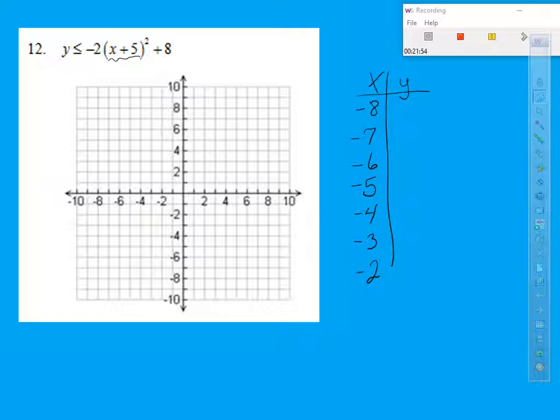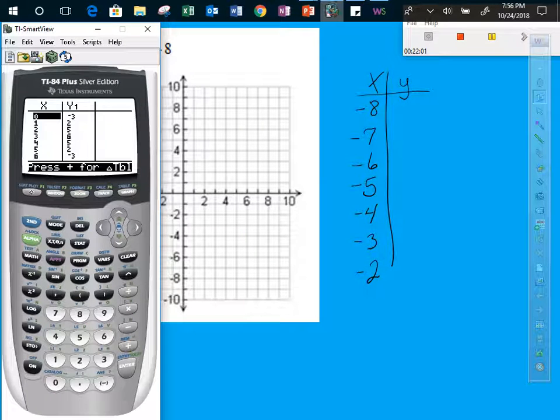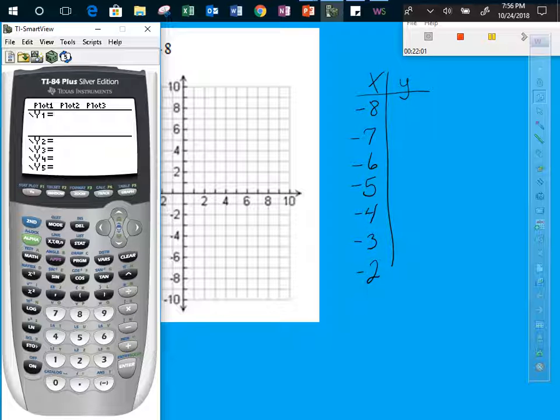If you graph that in your calculator, it'll look like this. I'm going to type in a negative and a 2. I'm going to go x plus 5 squared plus 8. If you want to see what the graph looks like, just hit graph.